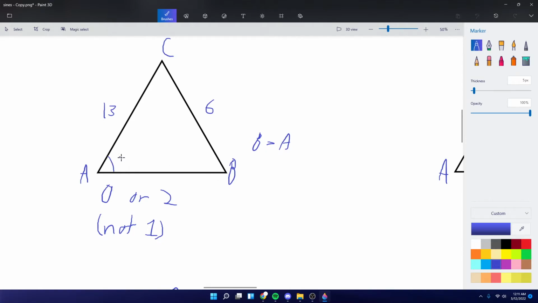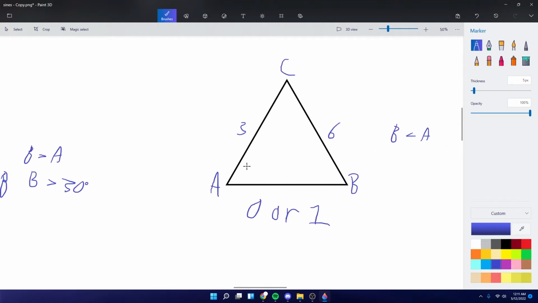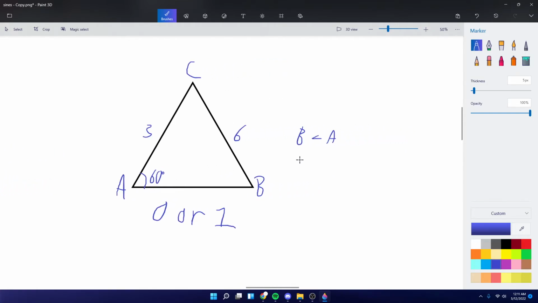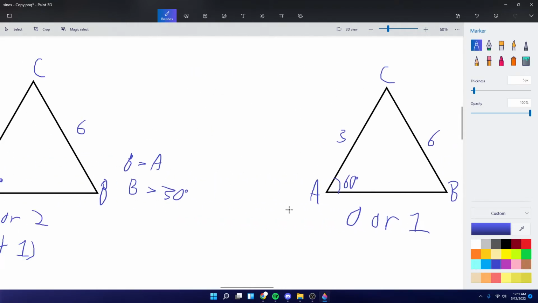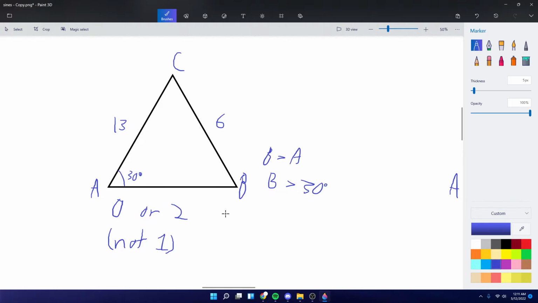Say we're given angle A is equal to 30 degrees, then we would know that B is greater than 30 degrees. Then let's say here angle A was 60 degrees, then angle B is less than 60 degrees. So basically, if it's less than, then there's 0, 1, greater than 0, or 2.